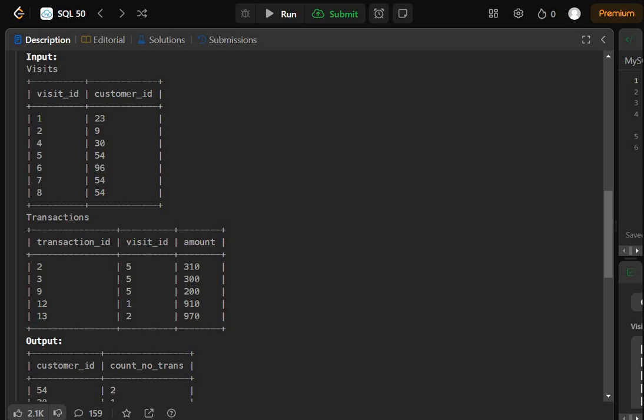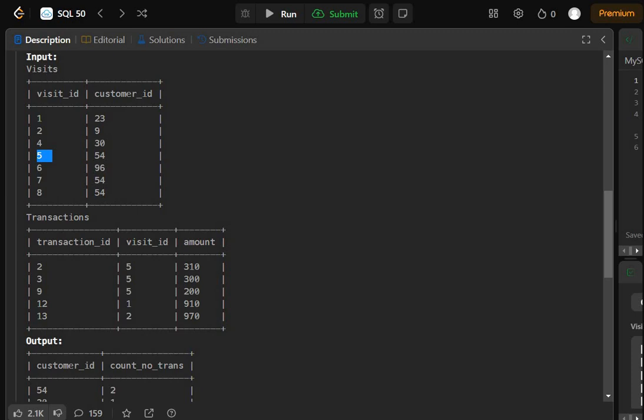So here, customer ID 23 visited the store only once. Customer ID 9 visited the store twice. Customer ID 30 visited the store 4 times. Customer ID 54 visited the store 5 times.